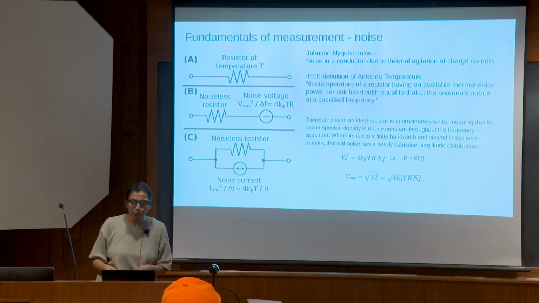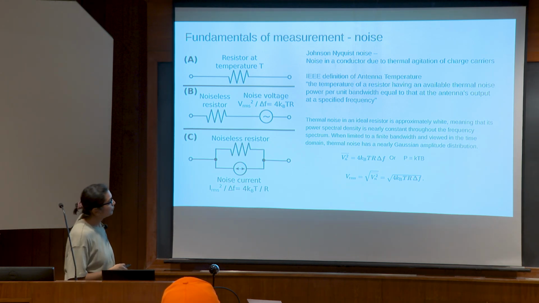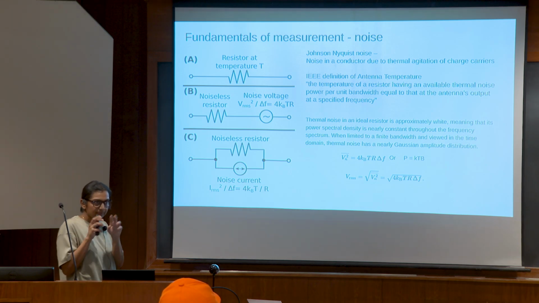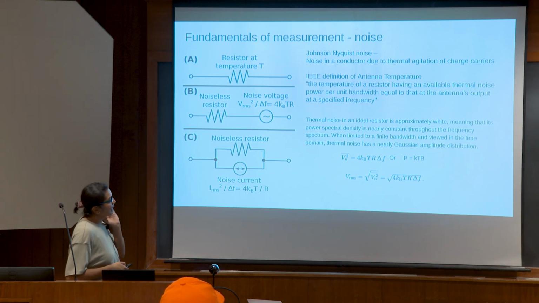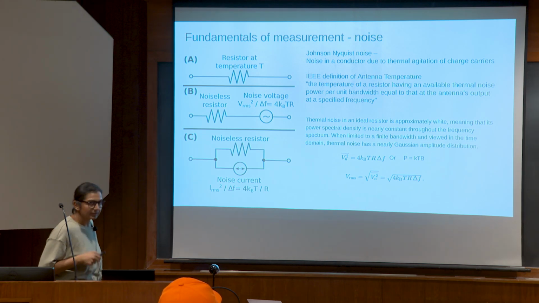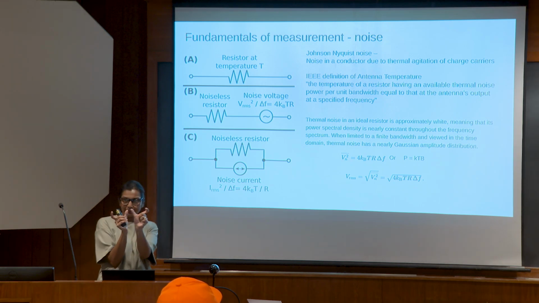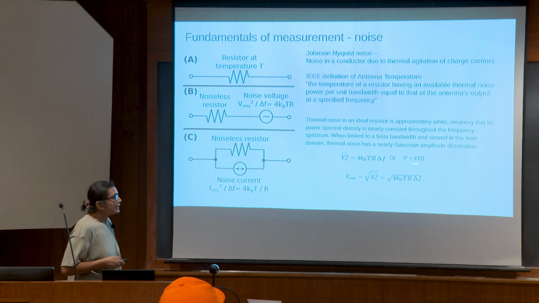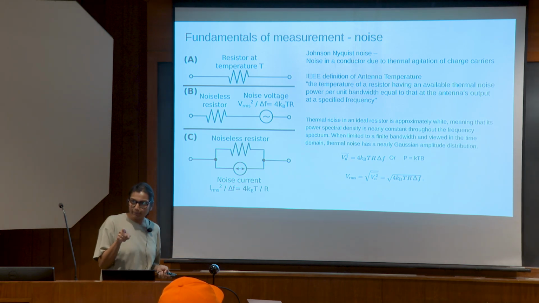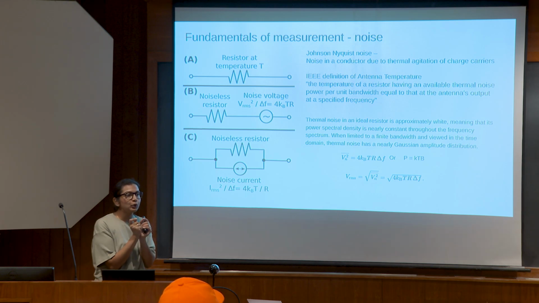It is just the thermal noise in a conductor or a carrier. So the standard way of writing this is that the power in that noisy system is equal to K T B, where K is the Boltzmann constant, T is the temperature of that object, and B is the bandwidth or the entire frequency range. So what is this T here? It's not the physical temperature again. It is not even brightness temperature, it is the temperature of an equivalent noisy resistor if you connect it to a receiver.